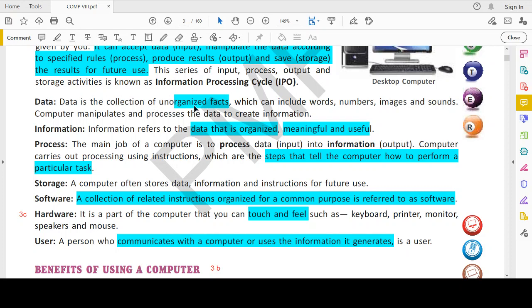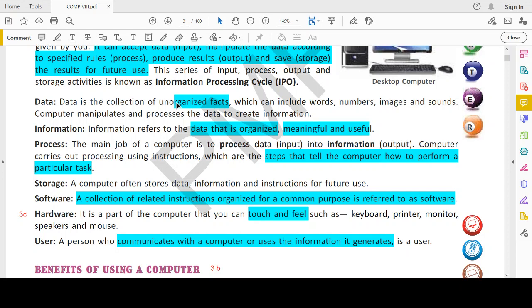Now, what are these unorganized facts? Unorganized facts means those are facts, those are figures, but they do not have some specific meaning or some usability. Those facts do not carry special meaning to something.